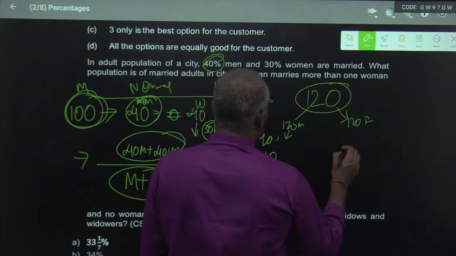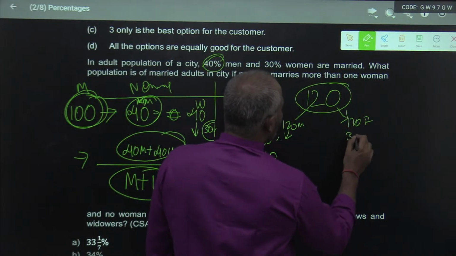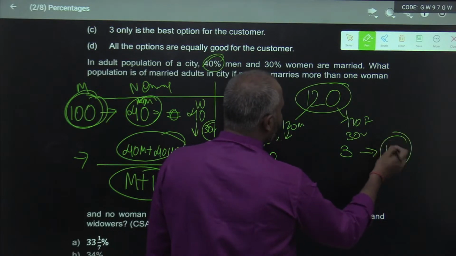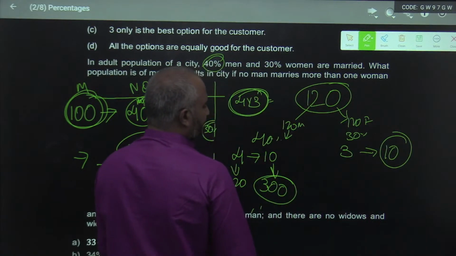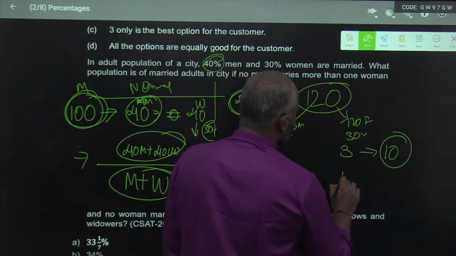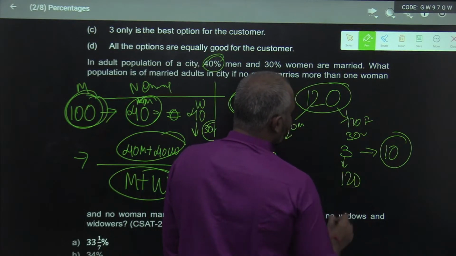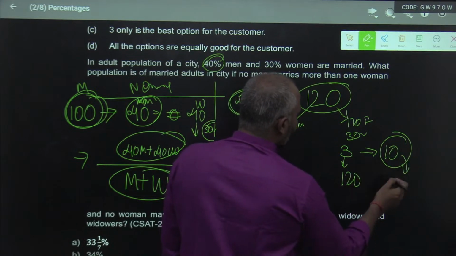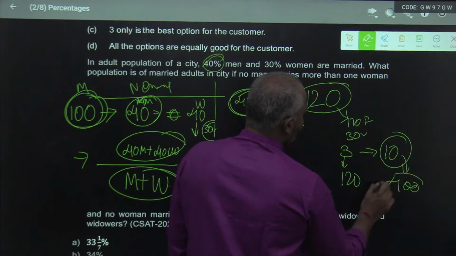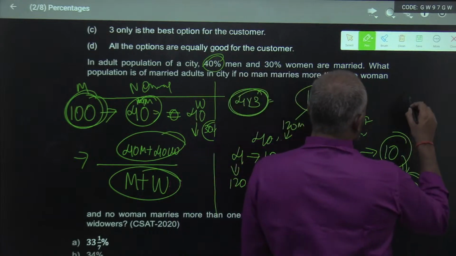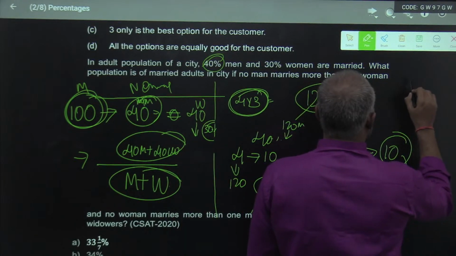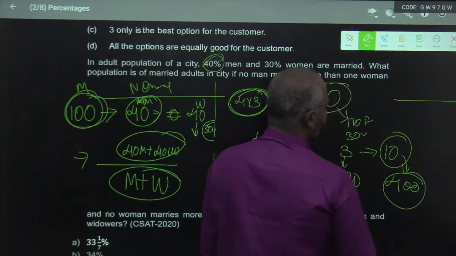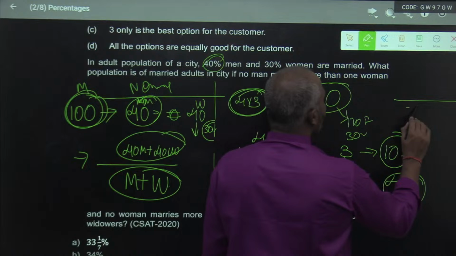In the same way, 30% means out of 10 women, 3 women are married. So if this 3 is 120, what is this 10? 3 into 40, 10 into 40, which is 400. So in total there are 300 men and 400 women. The total population is 700.